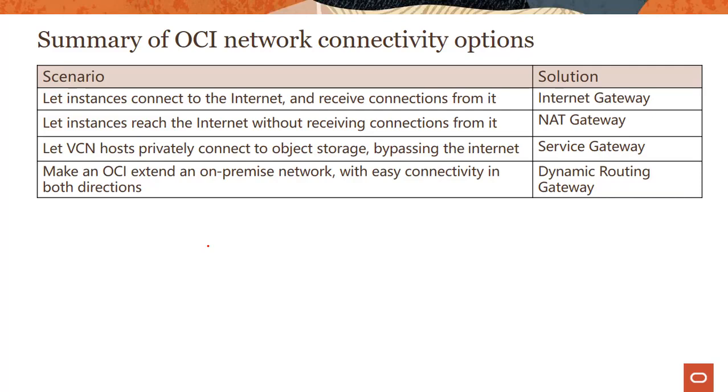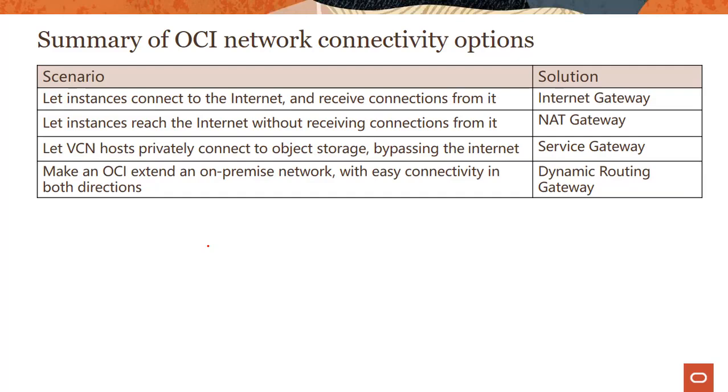If you want your host in the VCN to privately connect to OCI public services, for example object storage, bypassing the internet, with traffic all going through Oracle's network backbone, you would use the service gateway. And finally, if you want your host in the VCN to connect to your on-prem environment for private traffic, you could use a dynamic routing gateway. So these are the four gateways with different distinct design patterns.